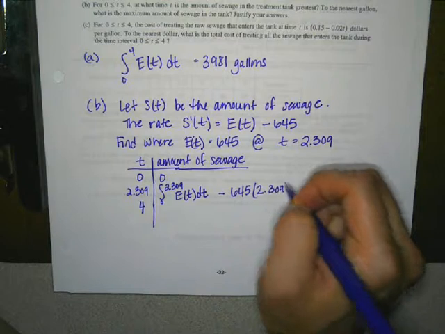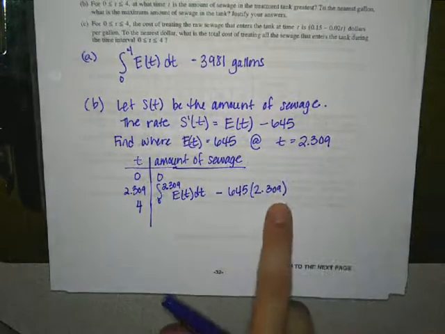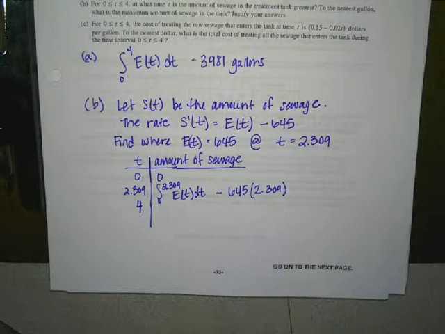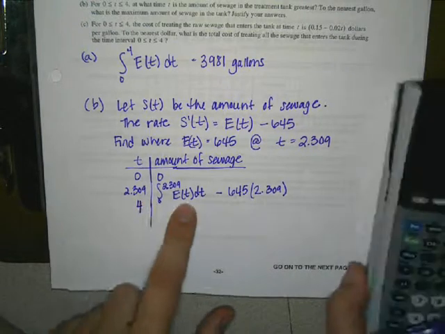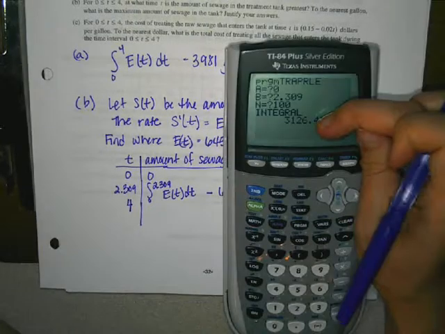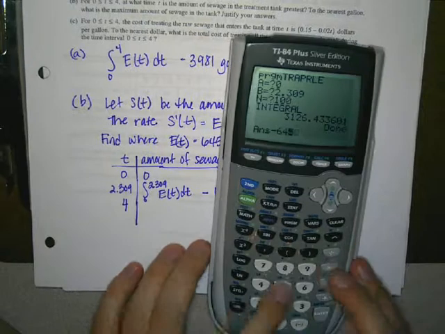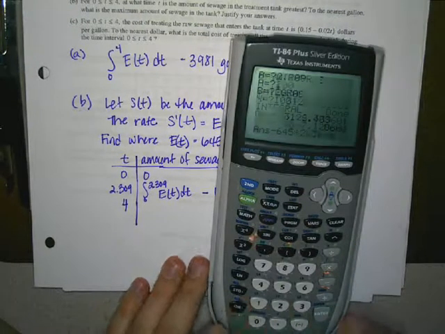That's where I knew it was going to come in here at one point, because you have to subtract what was taken out per hour. So the accumulation of value there, just of what's coming in, is that. And then we have to subtract 645 times 2.309. And then that would be the amount.